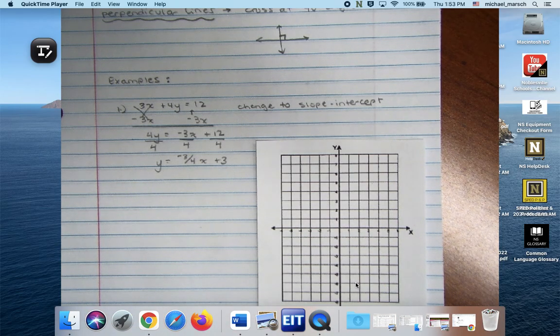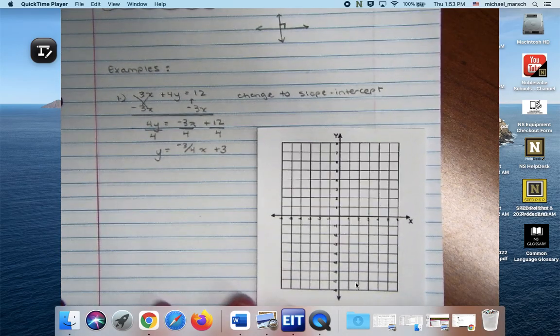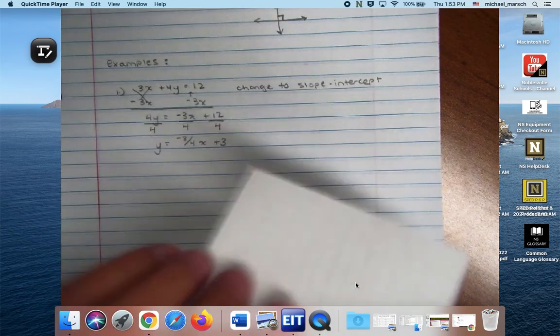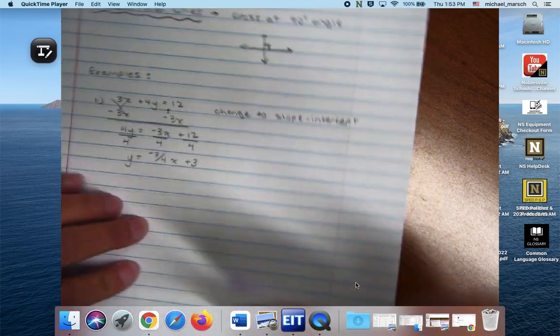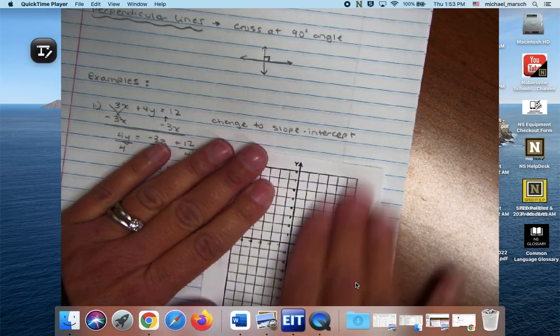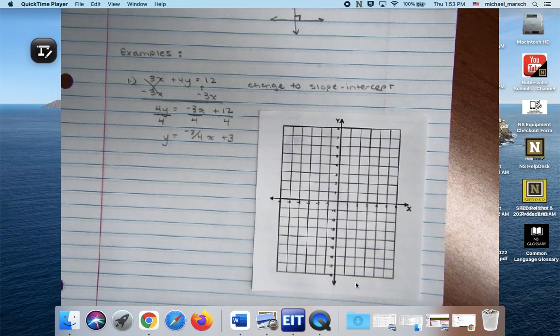It'll make sense in a second. Don't glue anything in your notebook yet, guys, until I give more instructions. Okay, guys, we're moving on. We've got to keep moving.